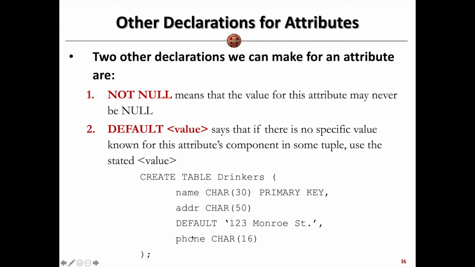We will have a phone number with char 16 for the drinker. And we can see for the address, we declare it has a default value, default 123 Monroe Street. So in other words, given a drinker, if we don't give a specific address for the person, then the system will enter 123 Monroe Street into the table by default, automatically.